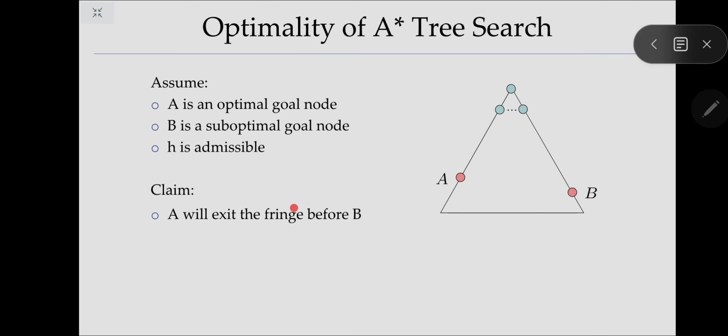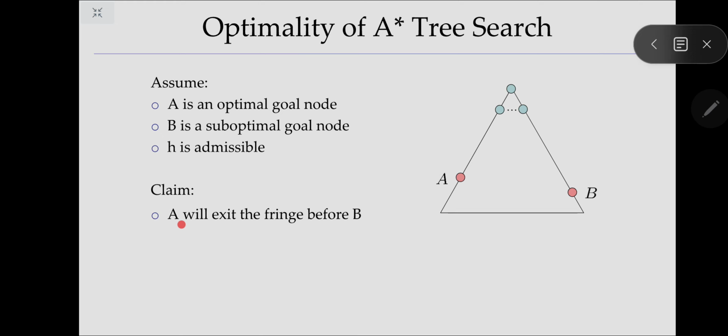In this violation example, we say that A and B are considered in the tree search, but if A exits from the fringe before B, that means the optimal solution can be found before any suboptimal solution.